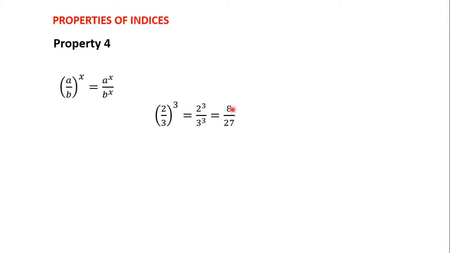And this will give us 8 divided by 27. So all you need to do here is to distribute the x for a and for b. So you are going to have a exponent x divided by b exponent x. So in this example, you distribute the 3 for 2 and 3. So you have 2 exponent 3 and 3 exponent 3.